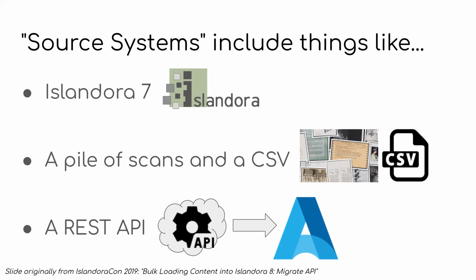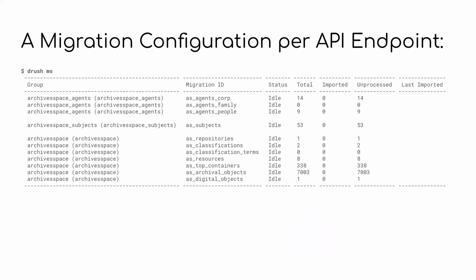So this module has some custom code that allows it to authenticate with ArchivesSpace and speak the language of ArchivesSpace's API. But once we have that set up, it allows us to create maps between ArchivesSpace's data structure and the data structure as we've defined it in Drupal.